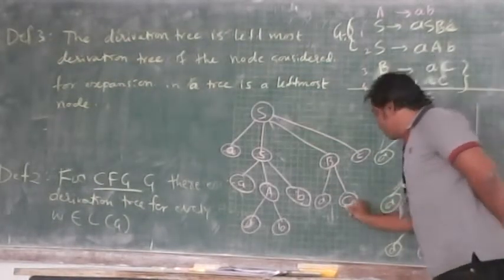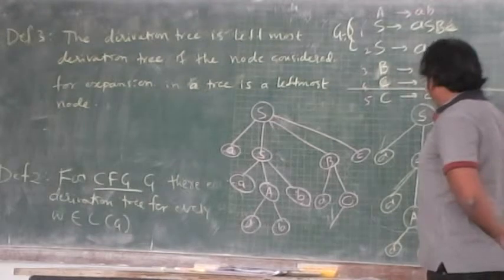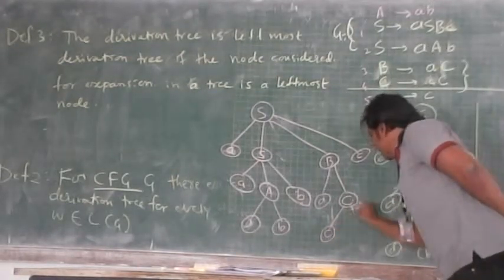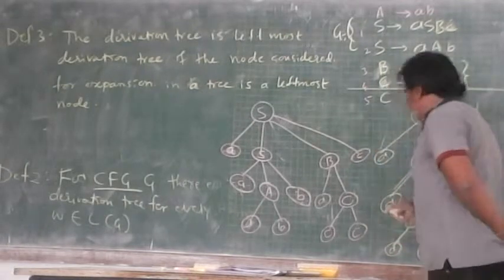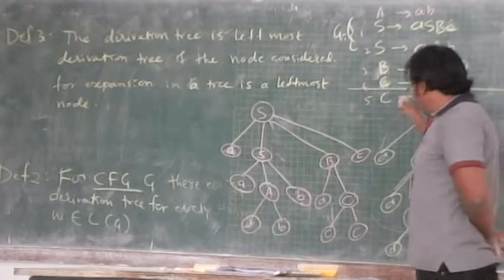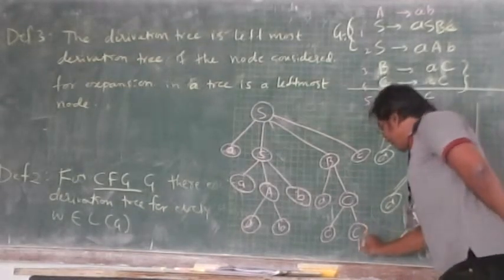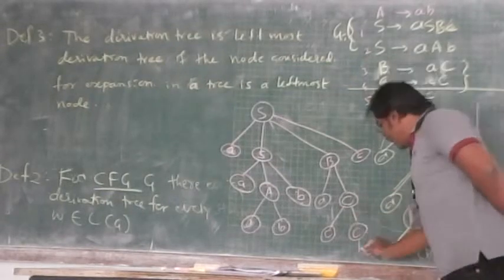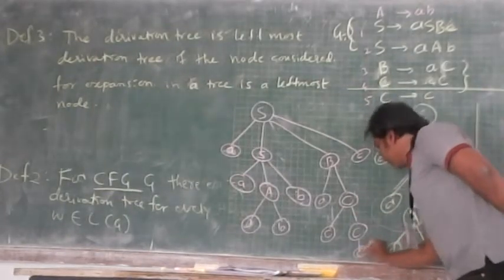This is C, so C I will expand. I can apply 4 or 5. This C is the leftmost variable that I can expand by using production 5. So in that case I get C.